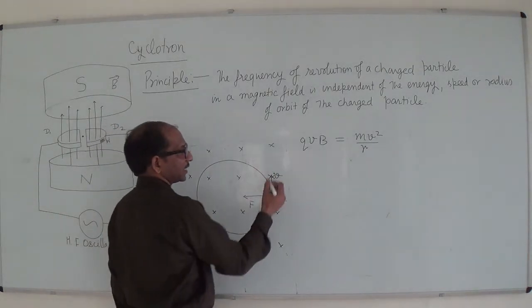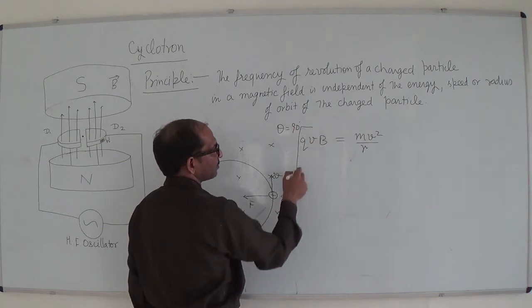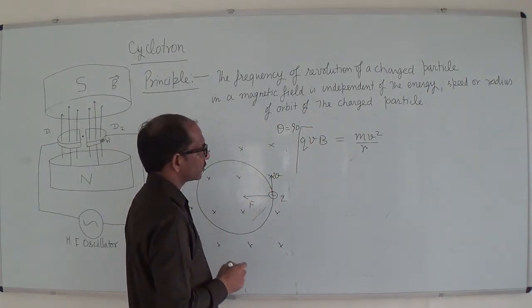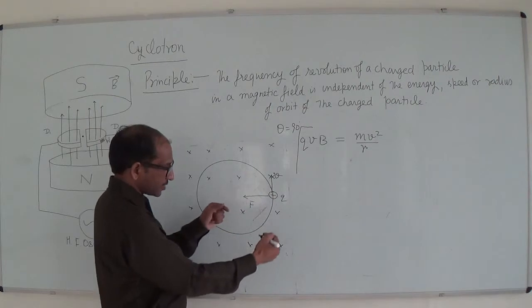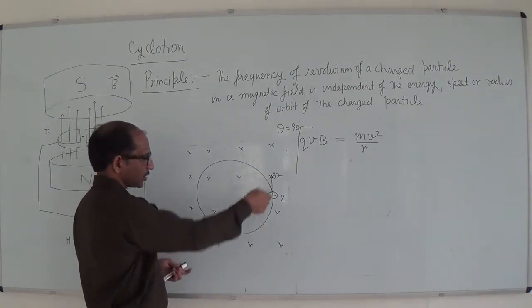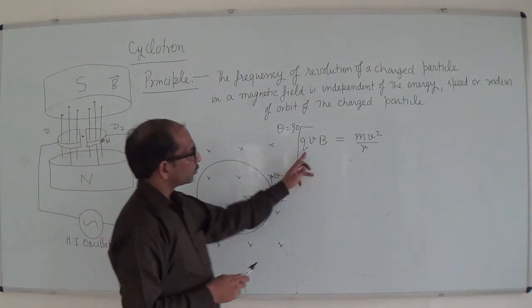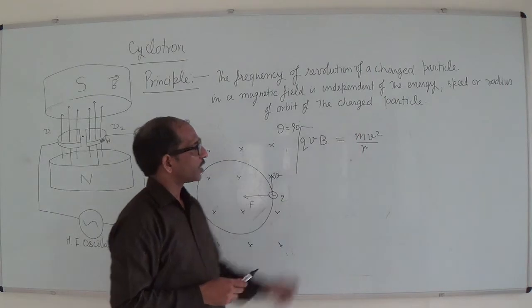Here theta is 90 degrees. So the maximum magnetic force acts like a centripetal force, and because of that this charged particle moves in a circle. So qvB is equal to mv square upon r.